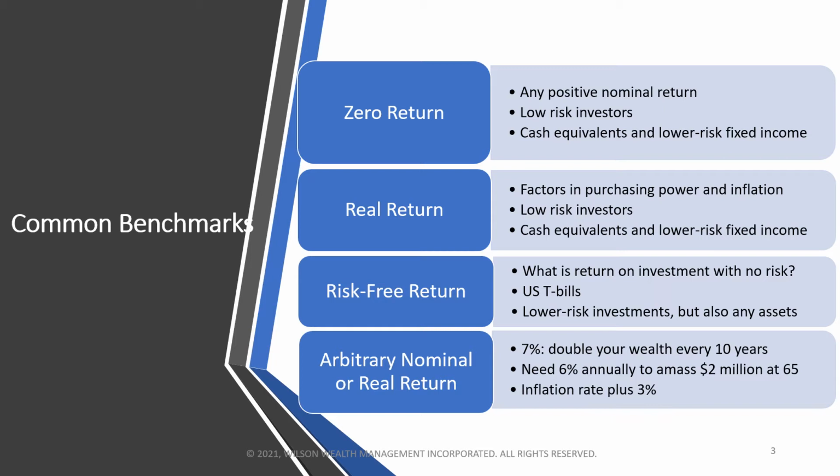So I think just intuitively, when you're looking at your portfolio, forget the risk return and the expected returns and all that stuff. You just want to come out ahead. So for many people, they just instinctively select zero return as a benchmark. And obviously that is very simple to track.